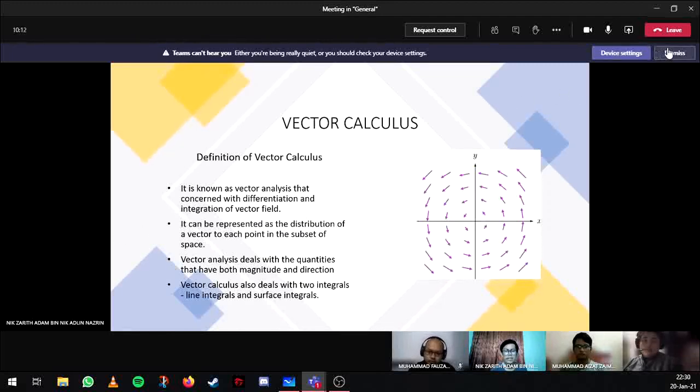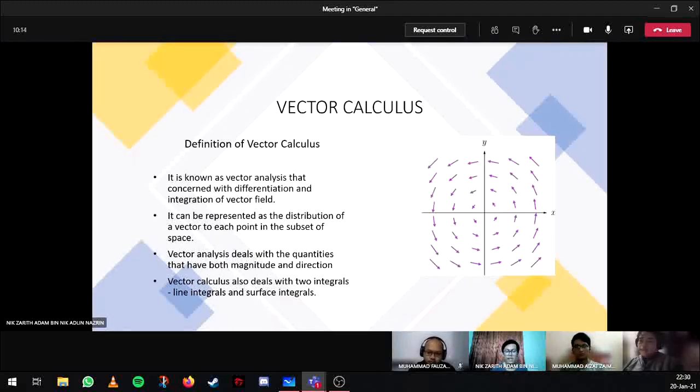Vector analysis deals with quantities that have both magnitude and direction. Vector calculus also deals with two integrals called line integrals and surface integrals. To understand more about this topic, the next part will be explained by my teammate in detail.